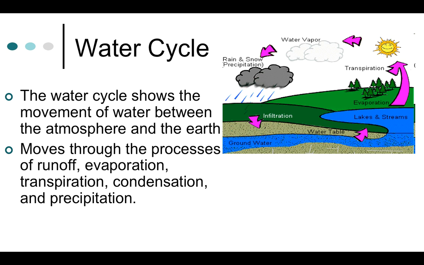And then in lakes and streams, we have the sun, which heats up the surface water of the lakes and streams and oceans and causes evaporation, which is the transfer of water from the abiotic parts of the environment back to the atmosphere. And then we also have transpiration, which is the transfer of water from biotic or living parts of the environment. So we sweat as humans, and that is transpiration.